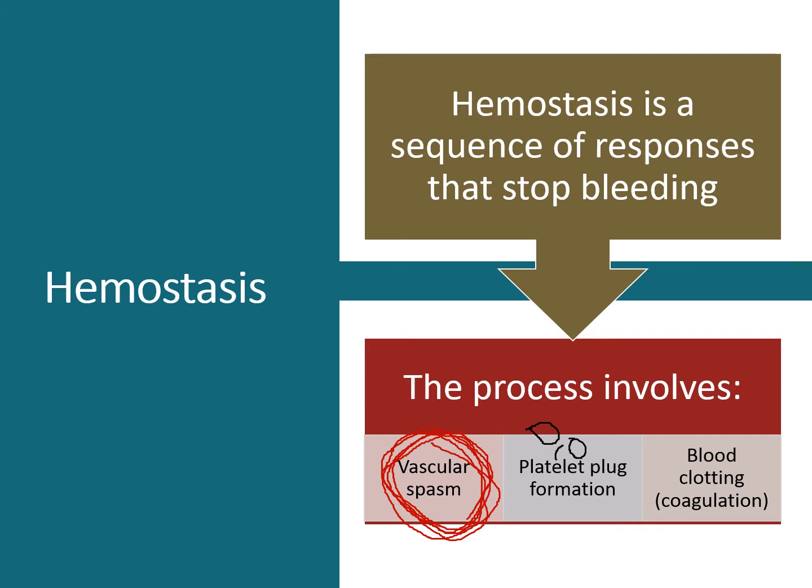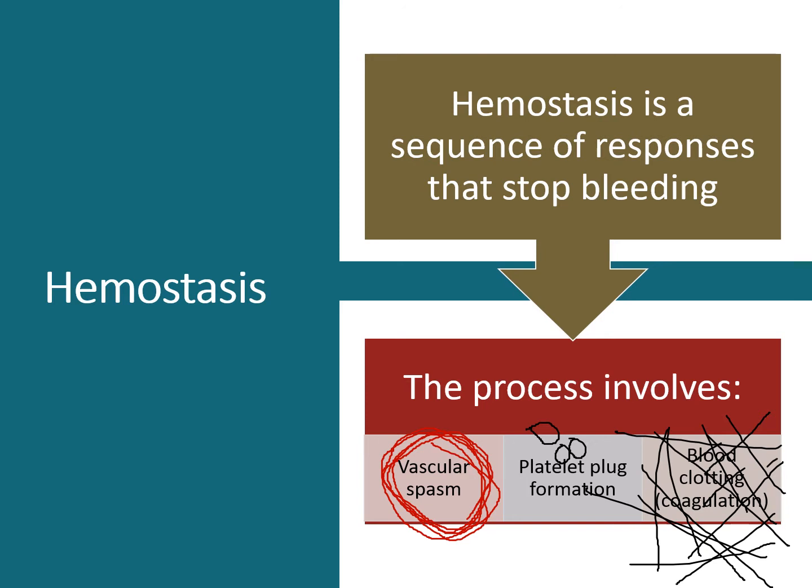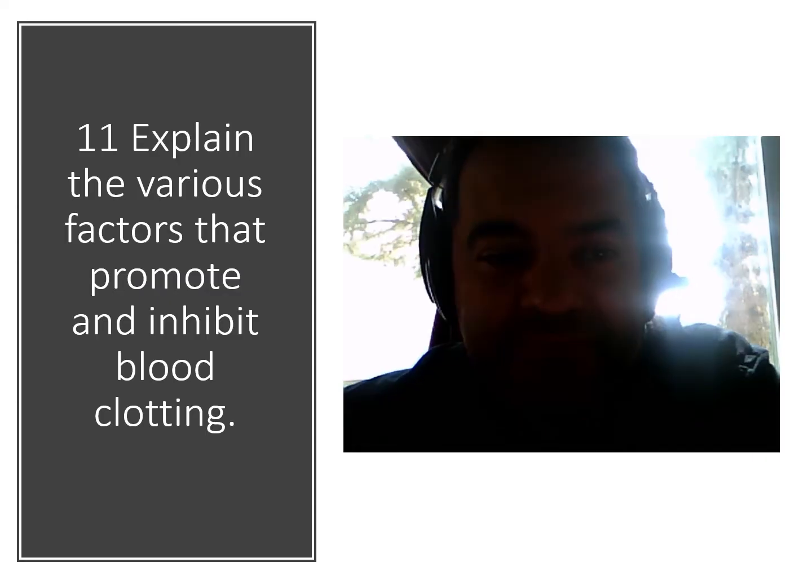Aspirin makes them less sticky. And then the blood coagulation cascade, that's when an inactive, soluble chemical called fibrinogen turns into a sticky chemical called fibrin. And there's a whole bunch of steps that have to occur before that, and that's called the coagulation cascade or the clotting cascade.